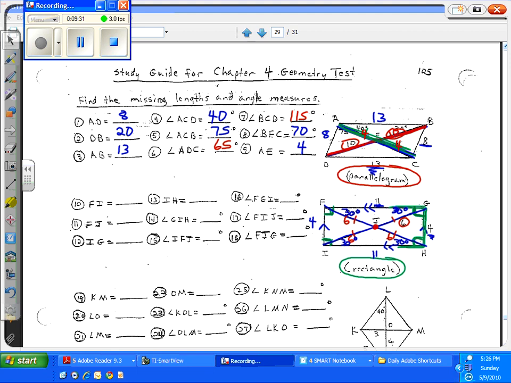And this is 30 because we're back to an isosceles triangle. The sum of the angles of a triangle is 180 degrees, so 30 plus 30 is 60, and 180 minus 60 is 120, so these 2 vertical angles are 120. A straight angle is 180, so if we take 180 minus 120, we get 60 for these two.